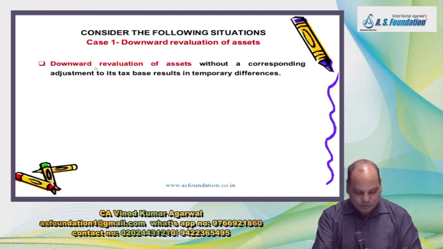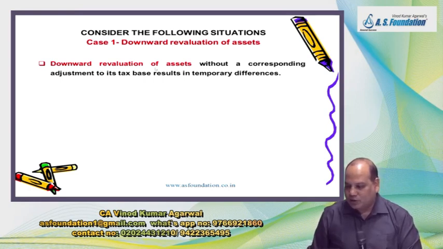Now I'm going to test your knowledge, what you have learnt. Downward revaluation of an asset without a corresponding adjustment to its tax base will result in a temporary difference. Keep this adjustment in mind, because when you solve problems of consolidation, they will say that A Limited acquired B Limited on the date of acquisition.